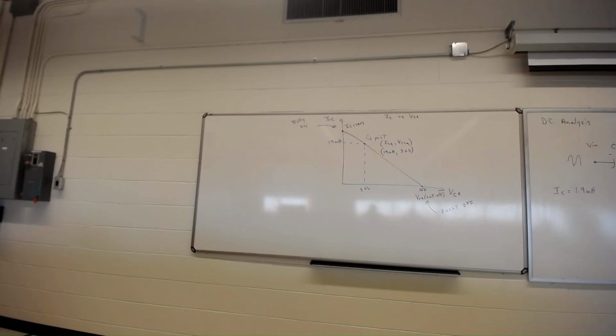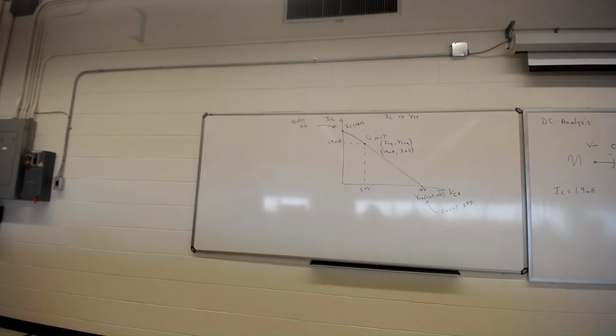By the way, the signal that comes out is going to be flipped over. It's going to be 180 degrees out of phase. So it's going to be coming out and hopefully bigger. Okay? It's going to look just the same, but bigger. And it's going to come out at the collector.